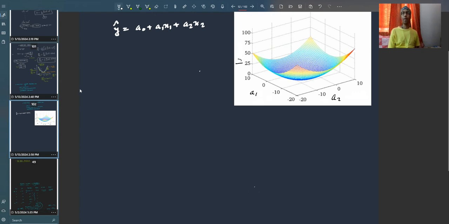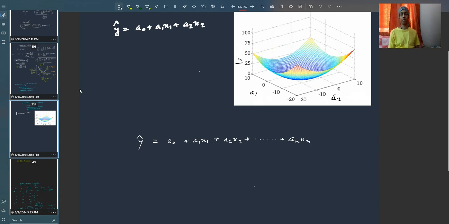Let's say we have a multiple linear regression with n features. Let's say y hat is equal to a0 plus a1 x1 plus a2 x2 plus dot dot dot till an xn.